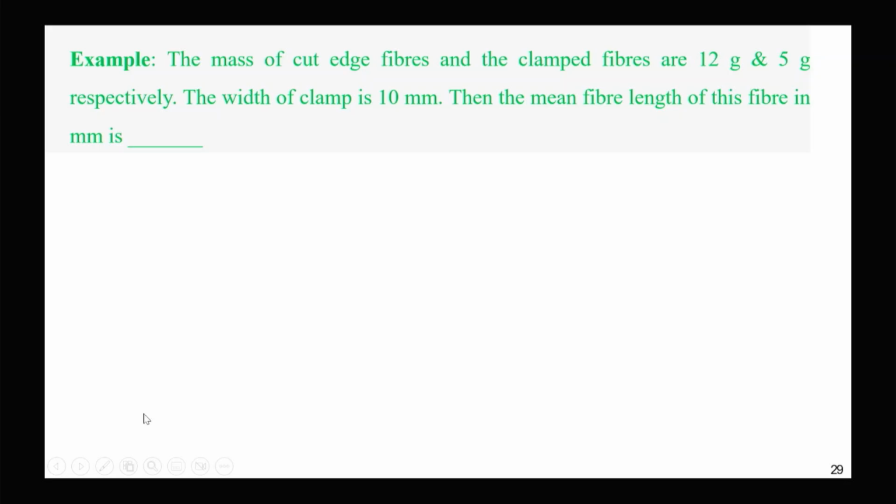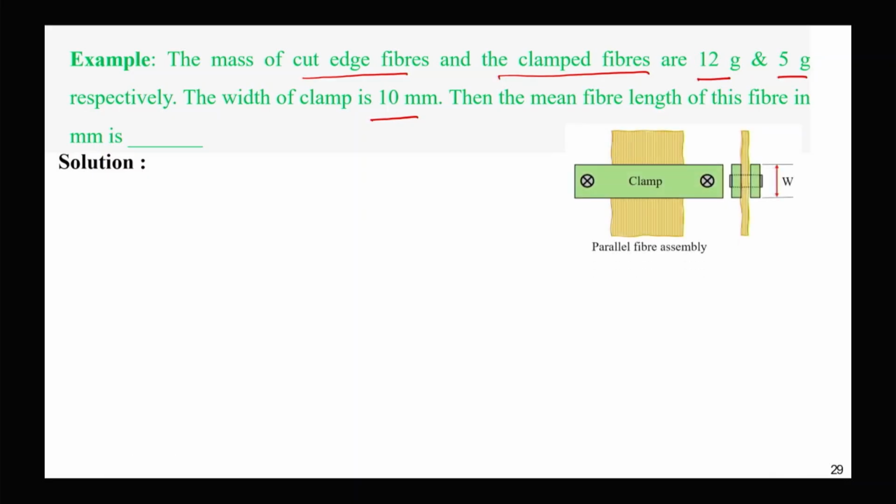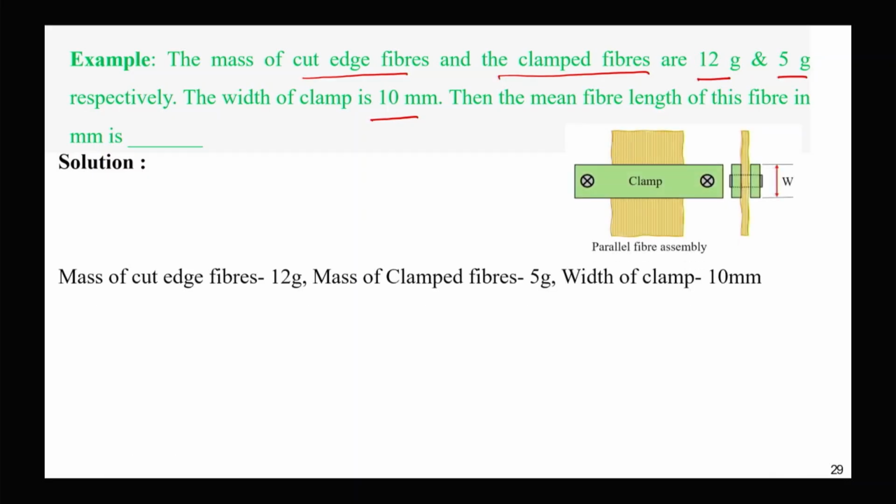Now, let us try to solve one numerical here. The mass of cut edge fibers and clamped fibers are 20 gram and 5 gram respectively. The width of the clamp is 10 millimeter. Then the mean length of the fiber will be, so this same relationship we will be using here.